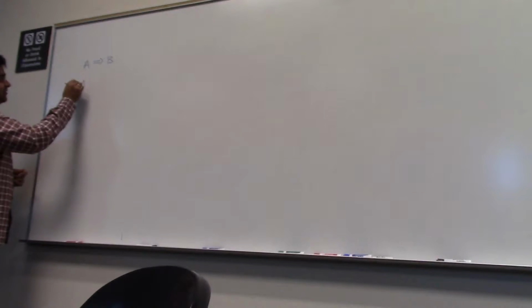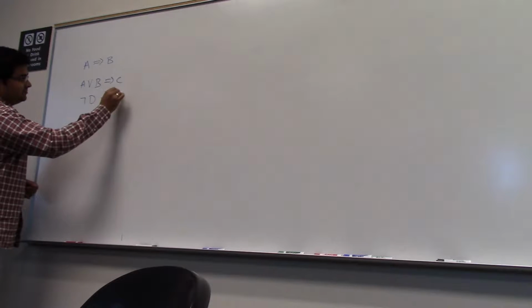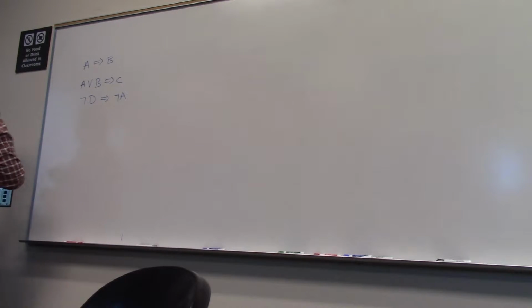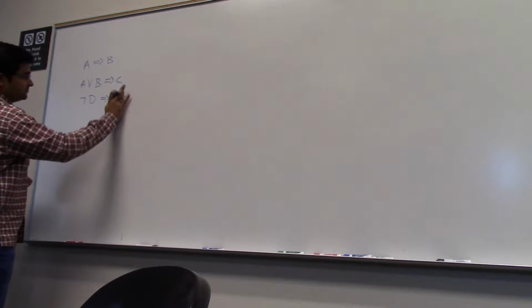What will be the second one? So A or B implies C. Not A plus not C. Right? If B doesn't go, then A doesn't go. Also, C doesn't go.